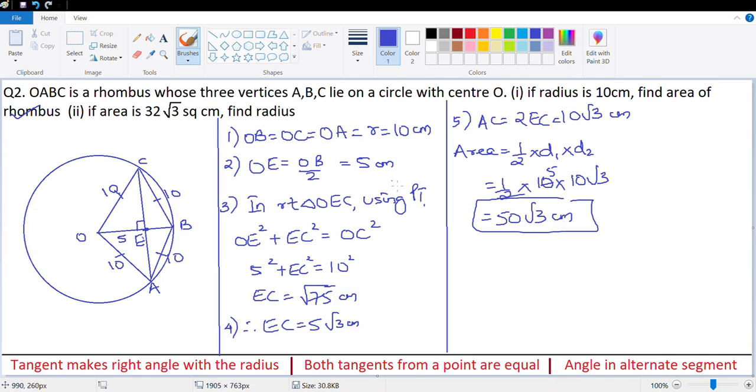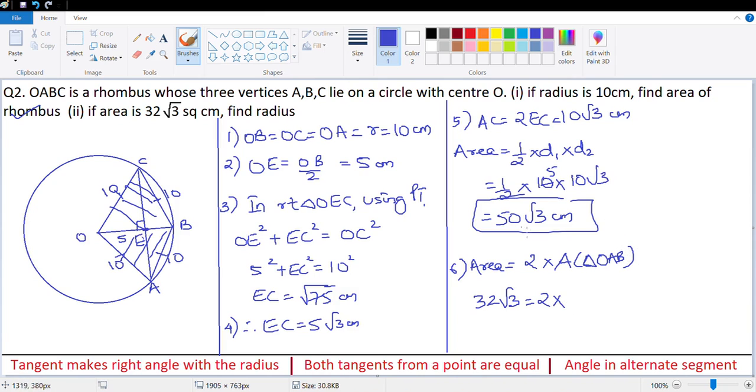Next, if the area is given equal to something, we need to find the radius. So what we have is, let's see, area would be equal to 2 times area of triangle OAB. Yes, these two triangles are congruent. In this case, area is given equal to 32 root 3, equal to 2 times area of triangle OAB.